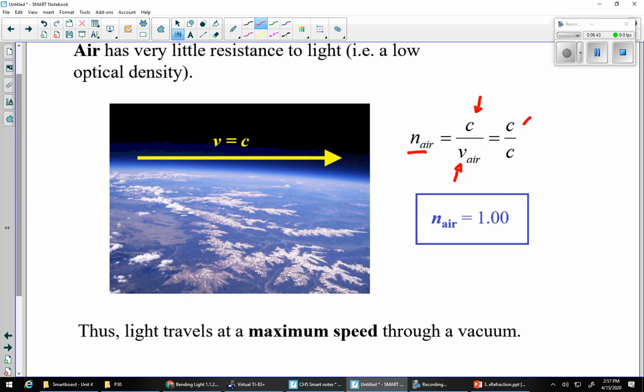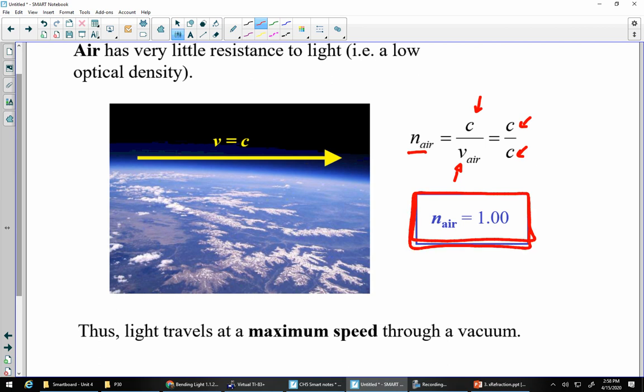Well, that's realistically c divided by c, and c divided by c, whatever number that is, in this case 300 million meters per second, is just going to be equal to 1. Cool. So the optical density of air is equal to 1. That is something that you should know. That is something that you should memorize, because it won't be given to you in questions and things like that. So know the optical density of air.